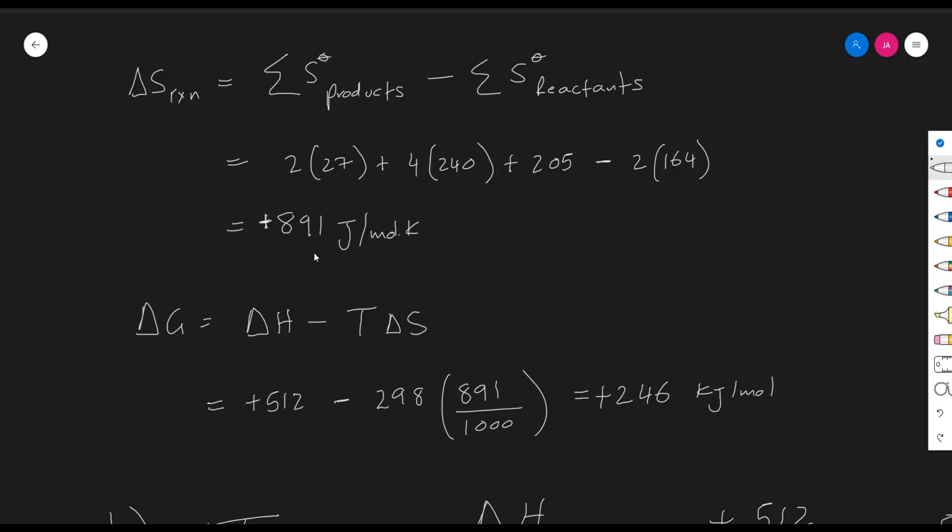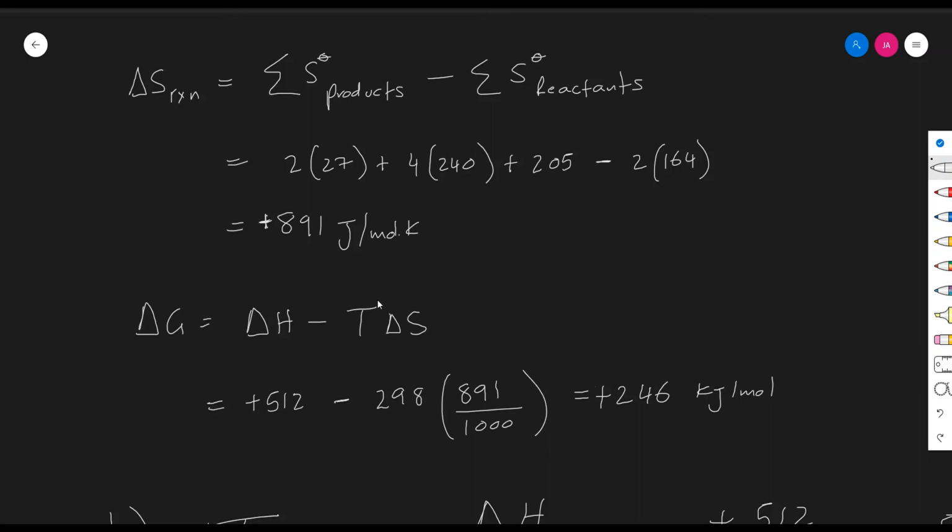Once these values are calculated, I can calculate the Gibbs free energy change of the reaction by substituting the values into this equation over here. I have the enthalpy change of the reaction that we calculated, which is positive 512 kilojoules per mole, and I subtract the multiplication product of the temperature in Kelvin.